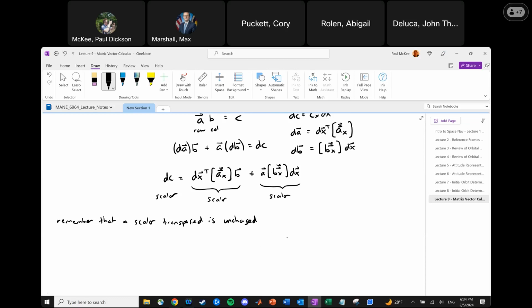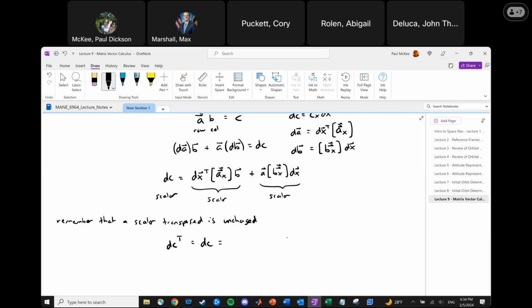The whole idea of a transpose is changing a row vector into a column vector into a row vector, an m by n matrix into an n by m matrix. But if you just take a scalar, like the number 4, transpose is still the number 4, right? So I'm going to say this, dC transpose, which is just dC, is equal to what?